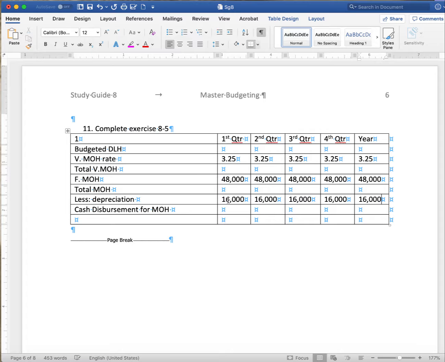Now we need our budgeted direct labor hours. Well, they give it to us in the chart in our problem. First quarter is 8,000. Second quarter is 8,200 direct labor hours.